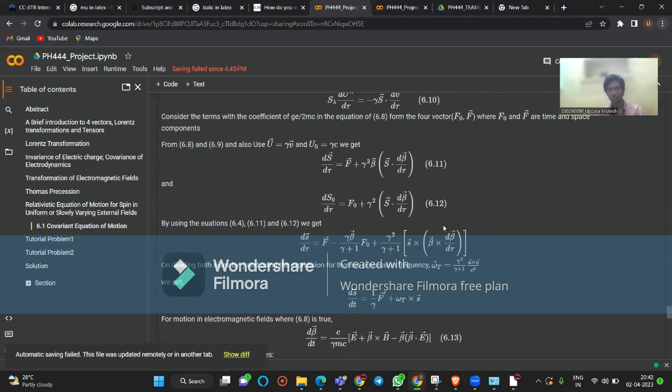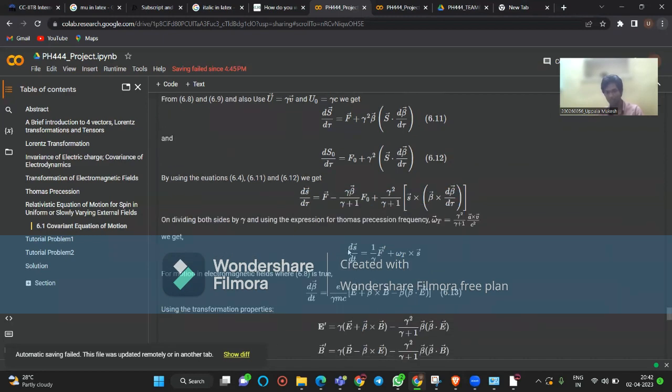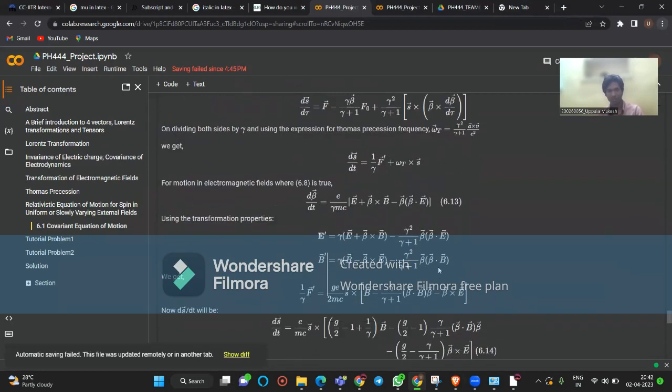If you can observe here, S is capitalized, that is the spin of the electron in its initial frame, divided by d tau, that is the proper time. And now we are substituting our Thomas precession frequency, that is omega T bar, and we are rewriting the above equation as this.